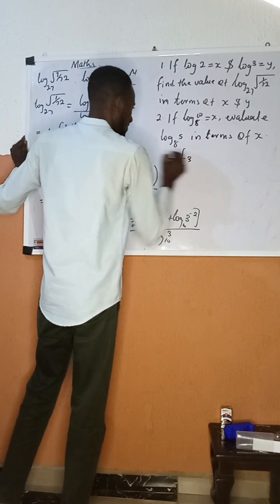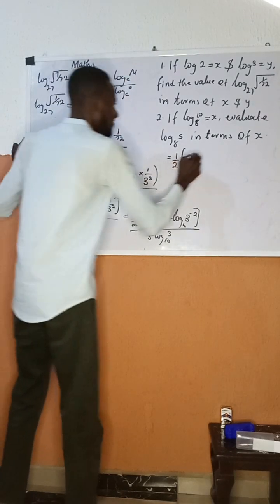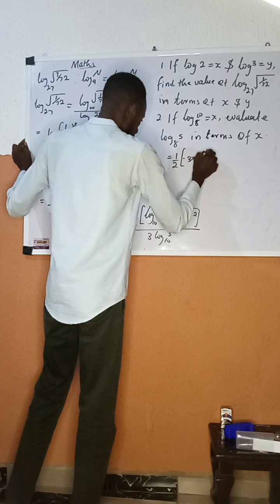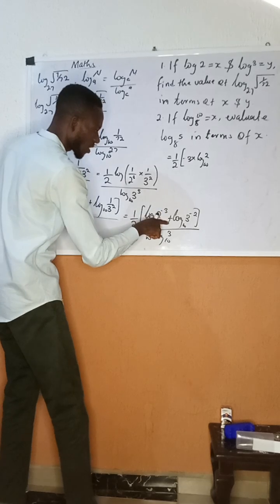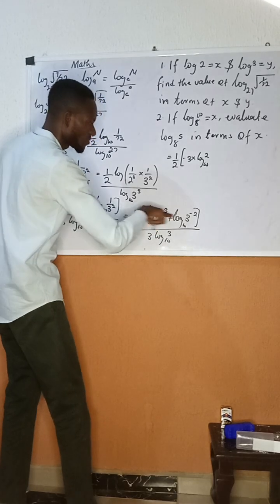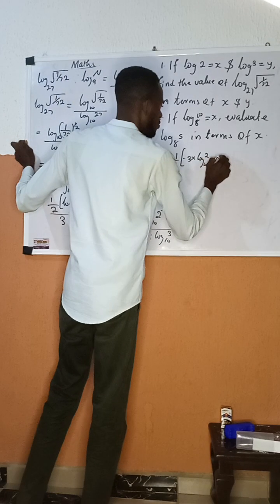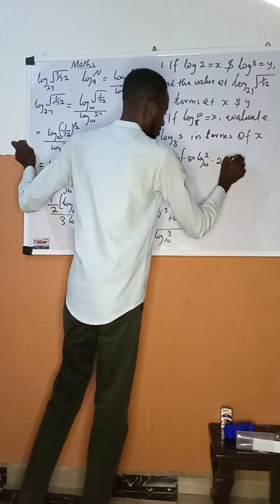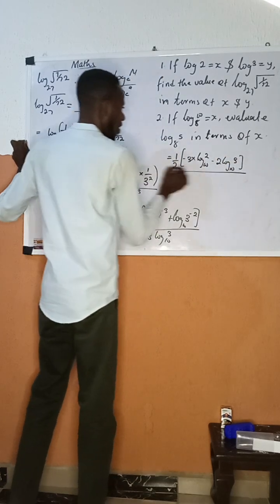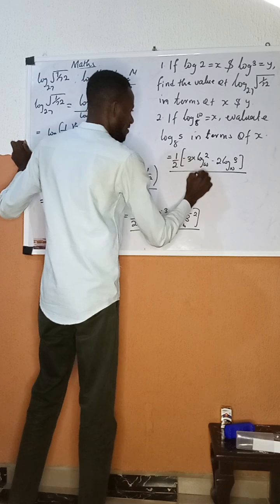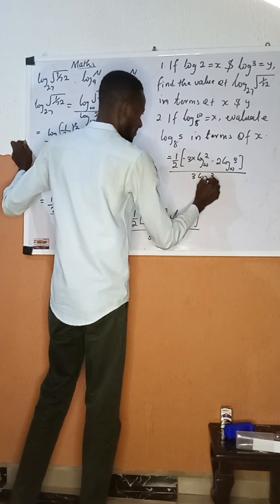I have minus 3 multiplied by log of 2 base 10. The power here is minus 2, and that minus 2 comes here and affects this positive sign to become minus. So I have minus 2 log of 3 base 10. Close the bracket, all over 3 log of 3 base 10.